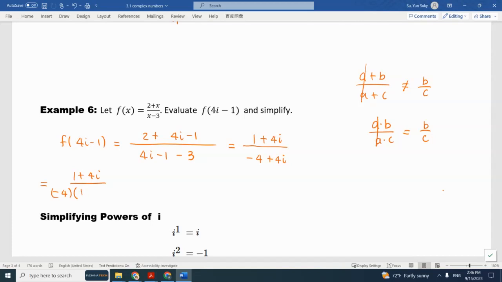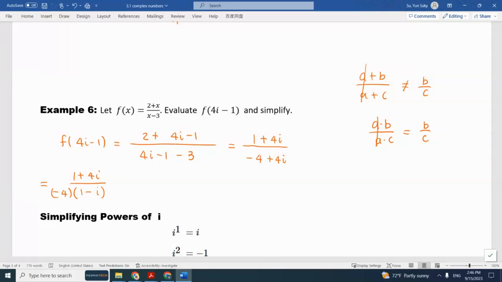And then? 1 minus i. Do you agree, everybody? We factor out minus 4, we get 1 minus i. Yes? Because when you distribute, minus 4 times 1 is minus 4. Minus 4 times minus i becomes positive 4i.